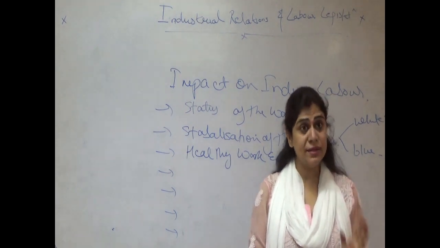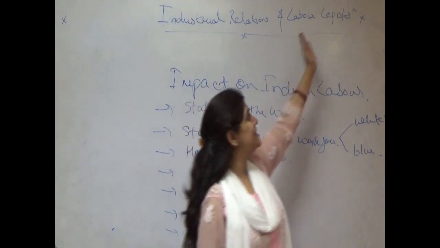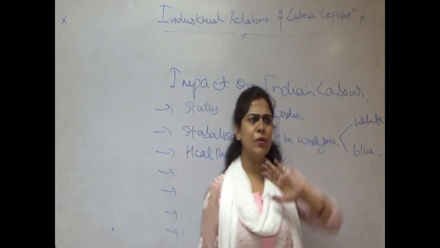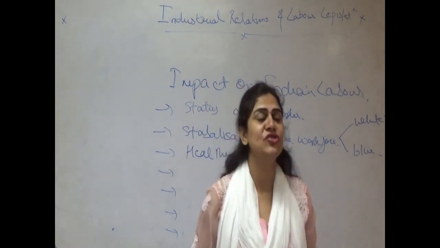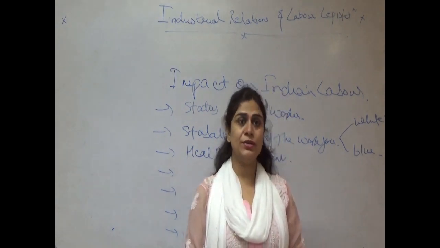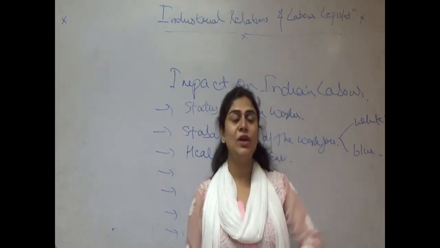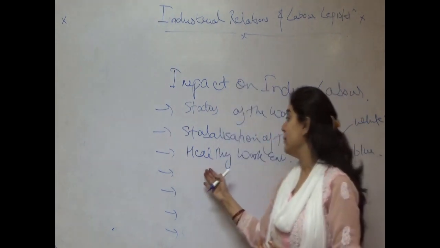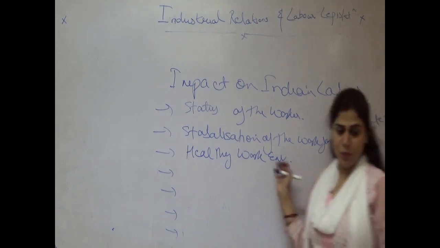They were forced to follow certain laws that we have discussed and will be discussing in detail in further lectures. So it was a very congenial, very safe, very healthy, very clean, very hygienic environment for the workers. Previously they were working in a very dingy environment, but with the advent of industrialization, their status changed and they were able to work in a healthy work environment provided by their employer.